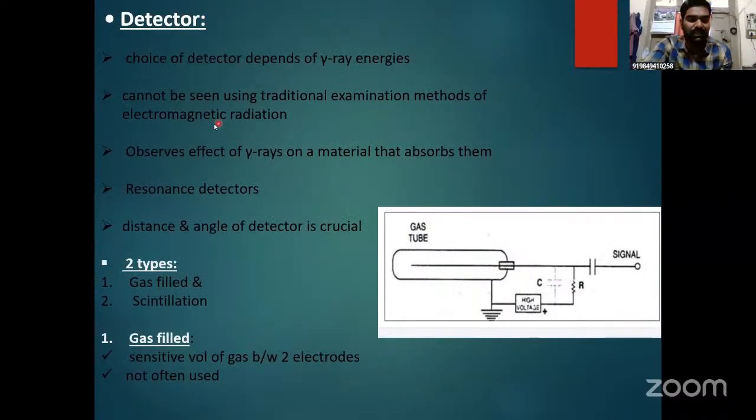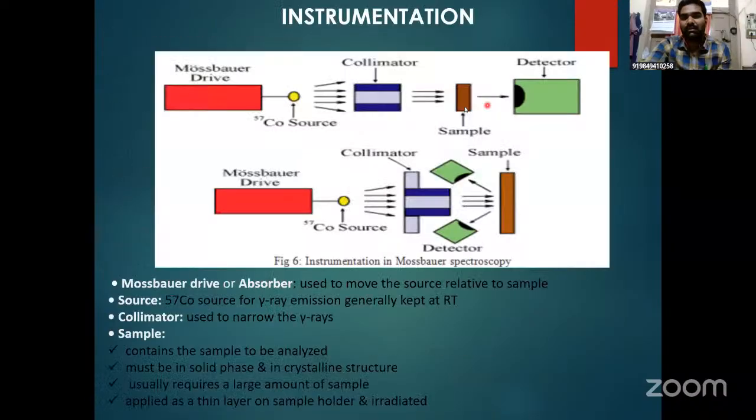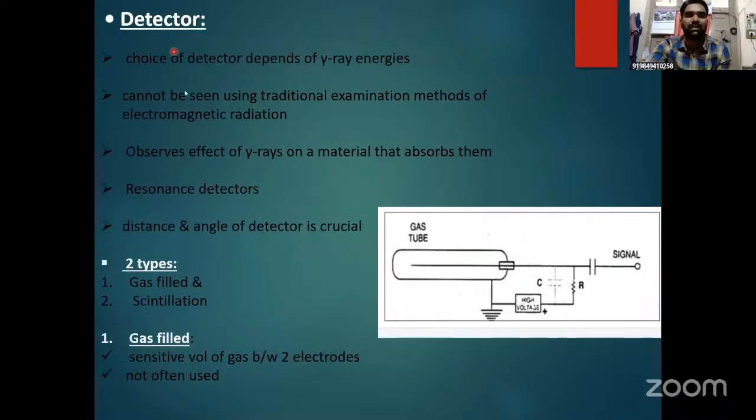Now let us see the detector. Here we have seen the sample, and now we are going to discuss the detectors. The choice of detector depends on the gamma ray energy.